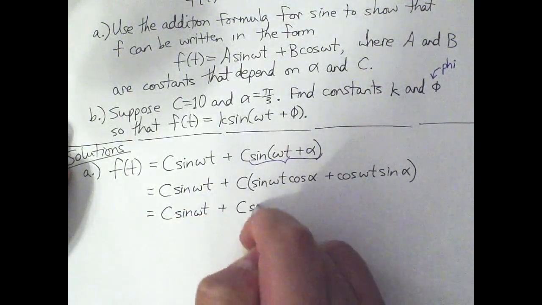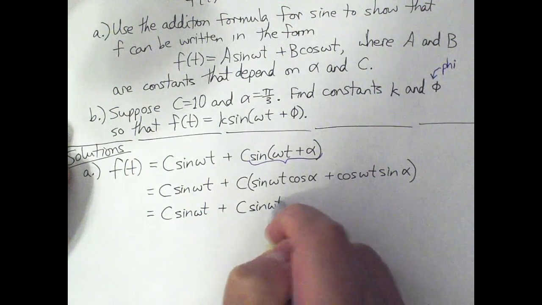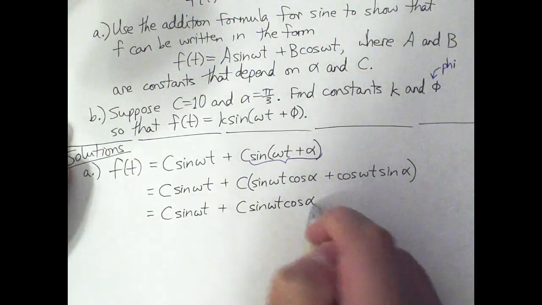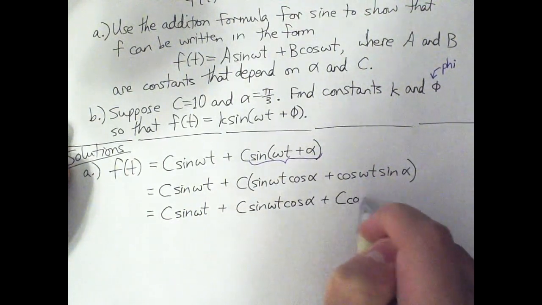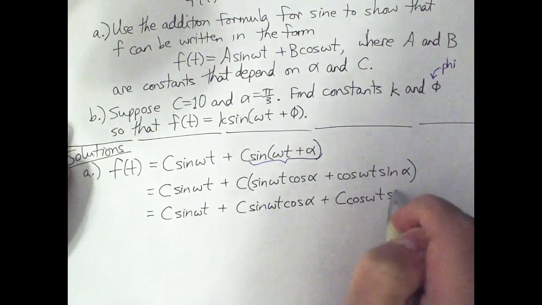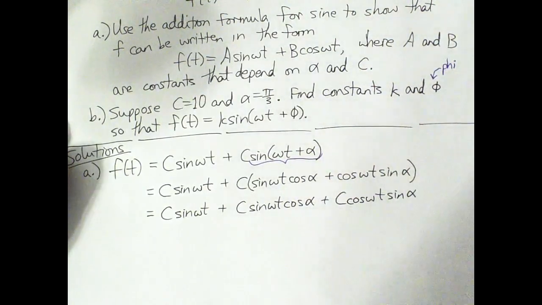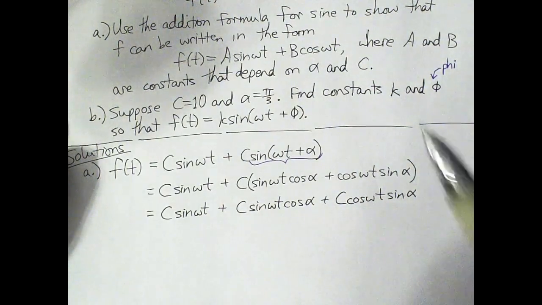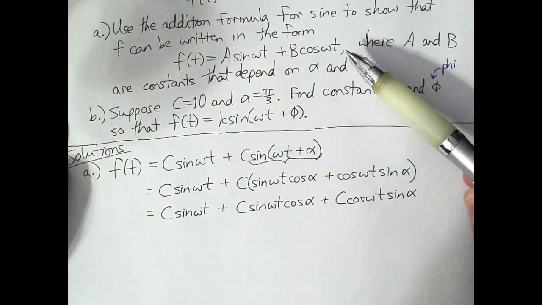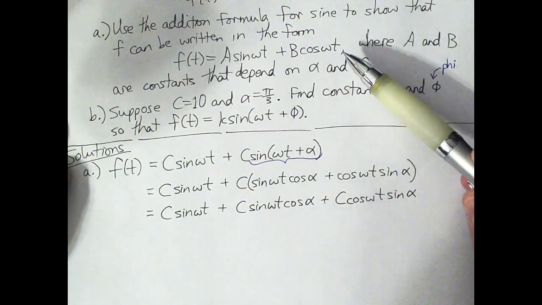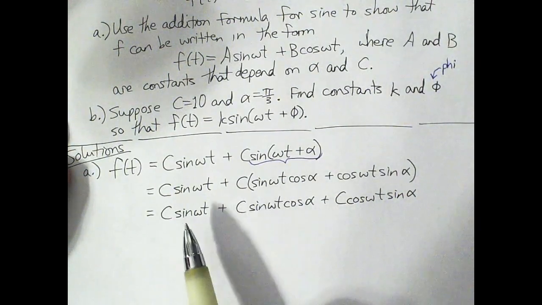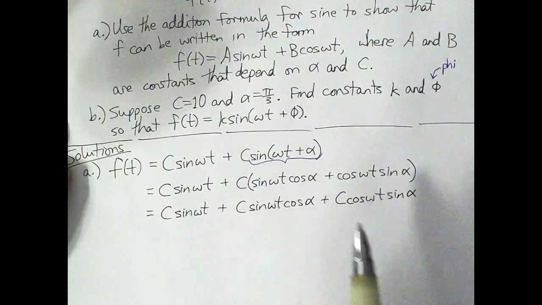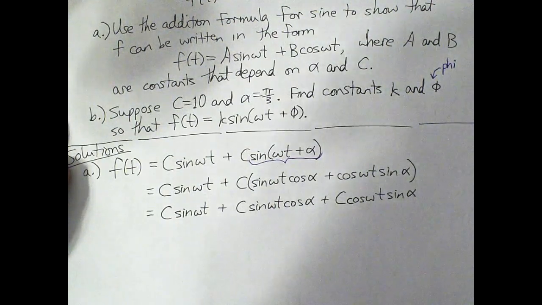Let's write this as 3 separate terms, because there's the c times this, and then c times this. And then I don't need any parentheses. Now, I know what I'm trying to do, right? I'm trying to get it into this form. Some of these terms involve sine, some of them involve cosine.